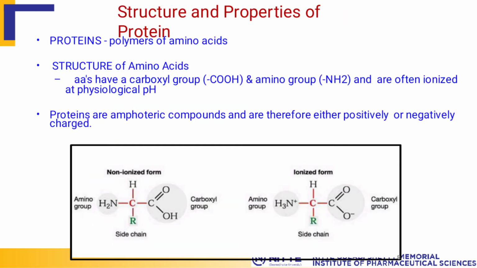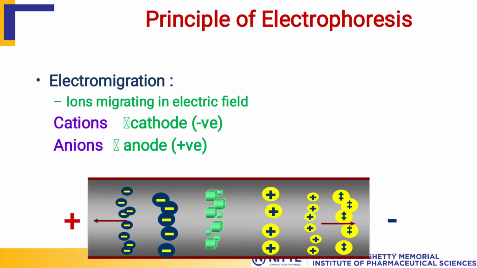So, again, we have seen the electromigration of ions, cations and anions. Now you can understand why they move with different speeds. The reason is electrophoretic mobility, which is governed by the charge and the size of the ions.